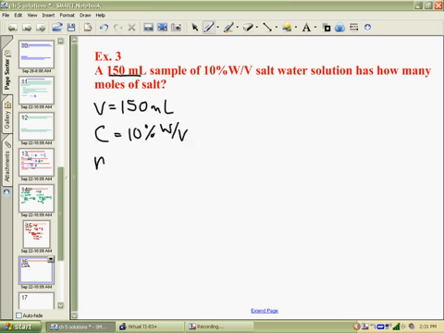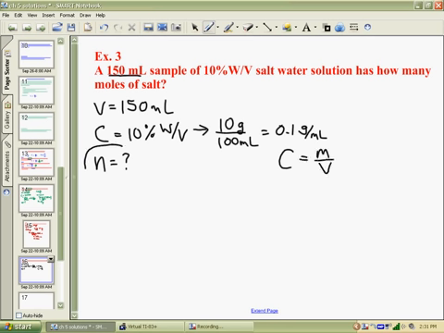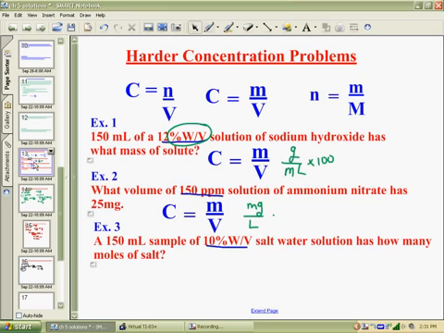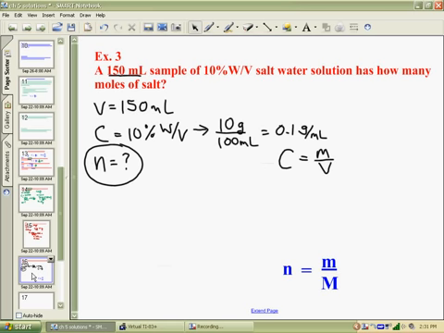Well, as soon as I see 10% weight to volume, we saw in the last question, that's 10 grams per 100 mL, which of course is 0.1 grams per mL. And here I have milliliters. As soon as you're using percent weight to volume, your concentration is mass over volume. This question wants moles. So we can't just use m over V and get an answer. You have to get mass, and then we need to look at our formula for n equal to mass over molar mass. So we'll have to use this afterwards and rearrange them to get our question done.